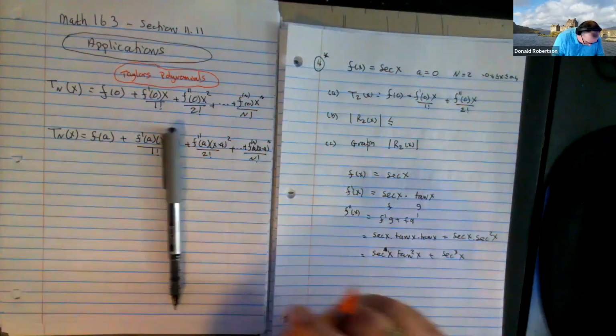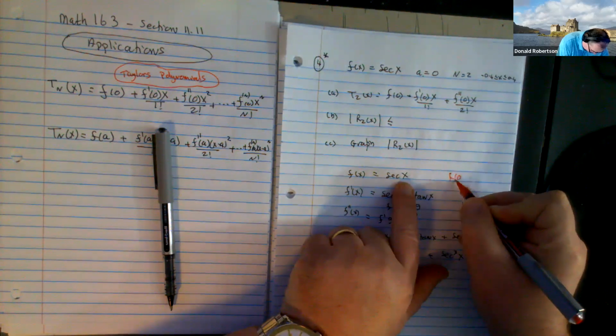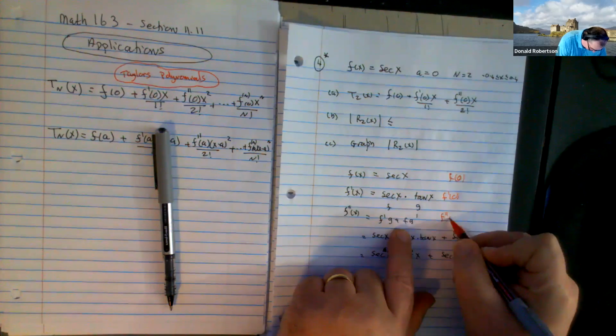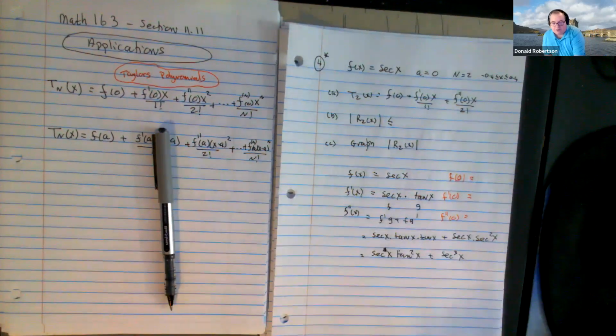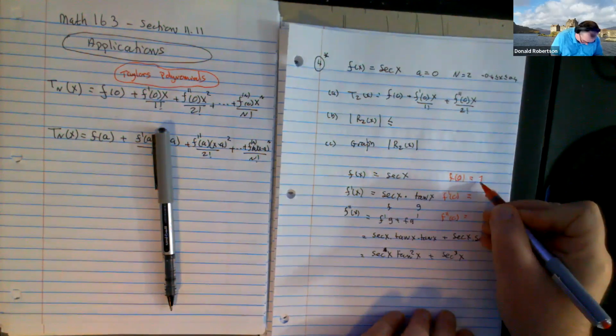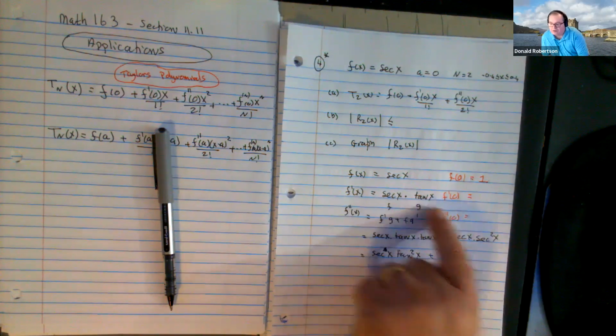And now we need to find the value of the function at 0, the first derivative at 0, and the second derivative at 0. The secant of 0 is the same thing as 1 over the cosine of 0, and it's 1. The secant of 0 times the tan of 0.